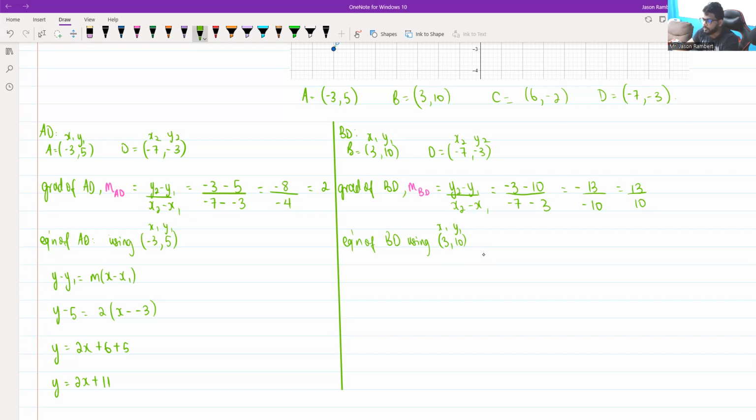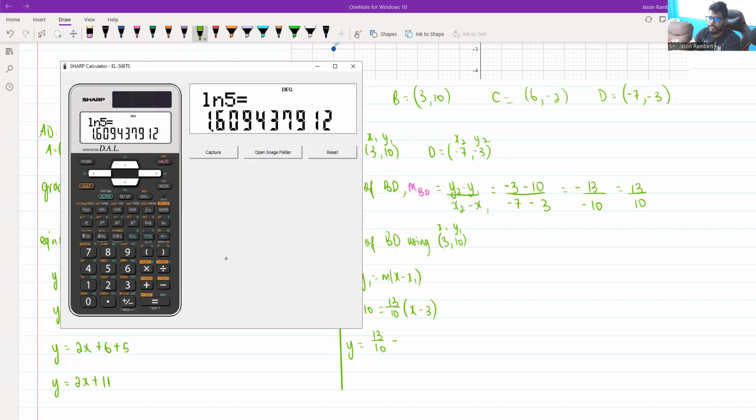Equation of BD is y minus y1 is m into x minus x1. y minus 10 is 13 over 10 into x minus 3. y is equal to 13 over 10 x minus, now if you're uncomfortable, go to your calculator, 13 over 10 multiplied by 3.